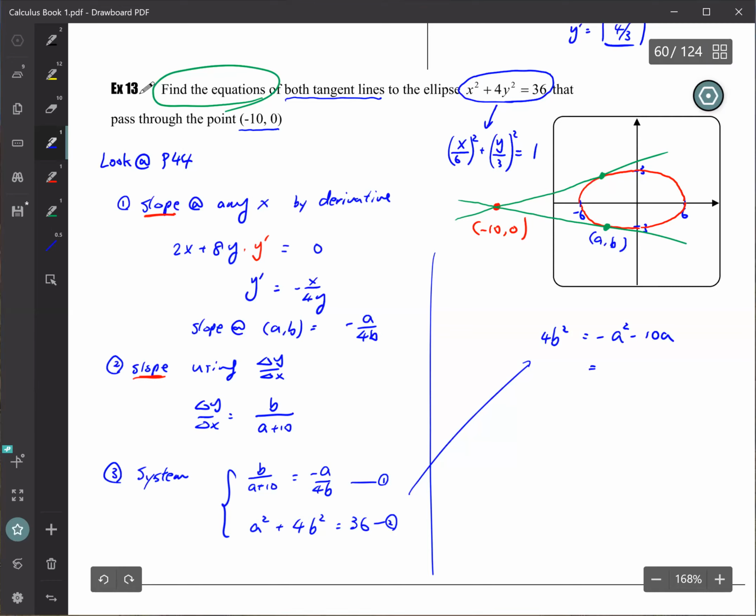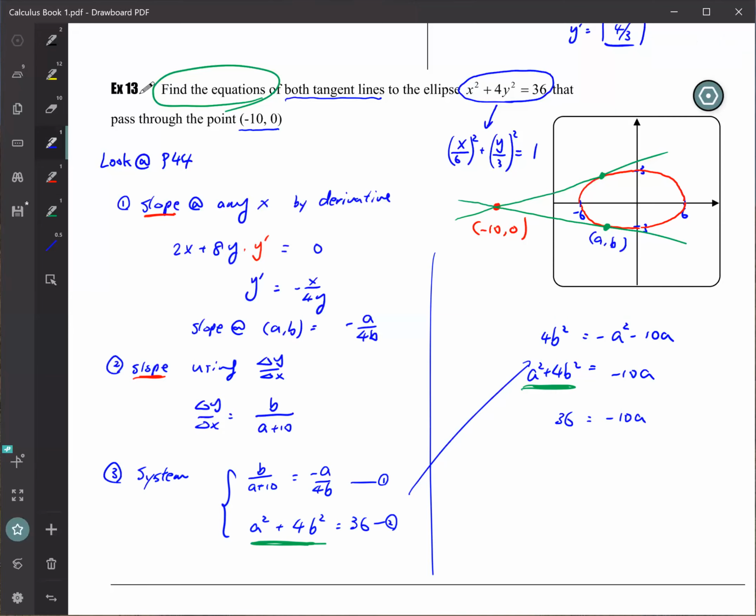And then move the a squared over. Then you see that the left side looks the same as the second equation. So I can replace the left side with the 36. So you see it's much easier if you stop and look and move it around, right? Maybe there's a surprise. So we get a is negative 3.6.